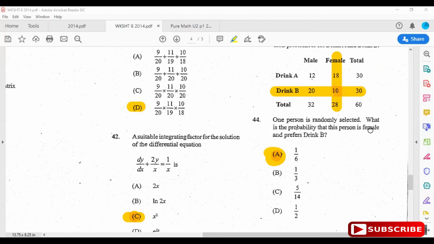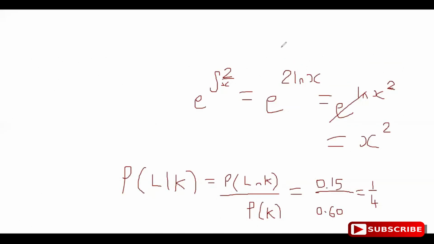The probability of female and drink B is this. I'm going to let F stand for being female, intersect drinking B, which I'll call DB. That's what you want to find.